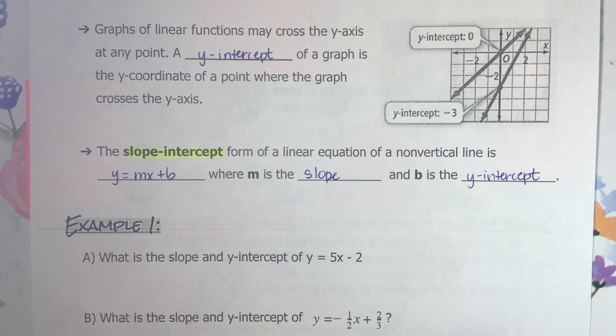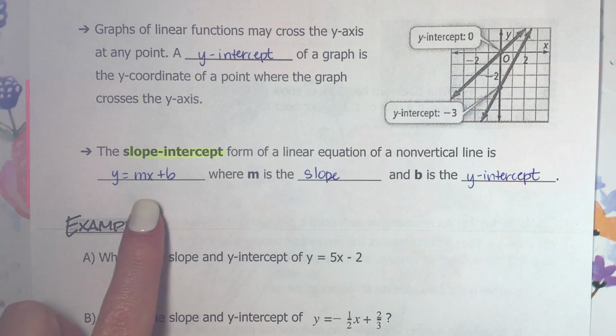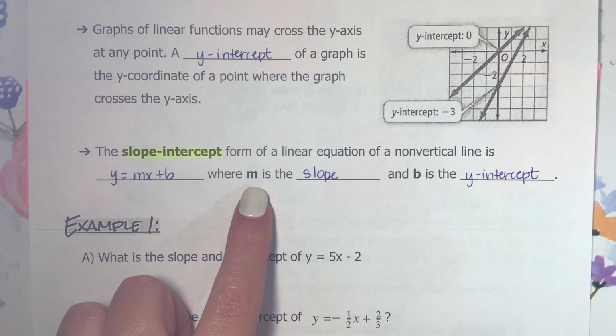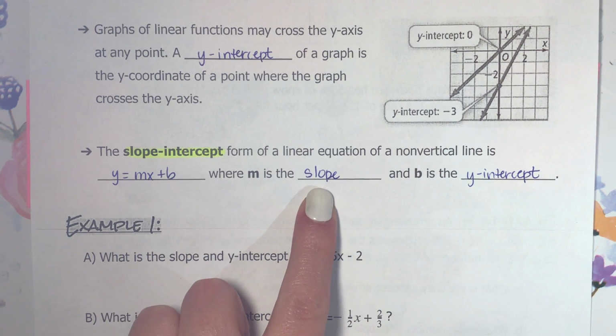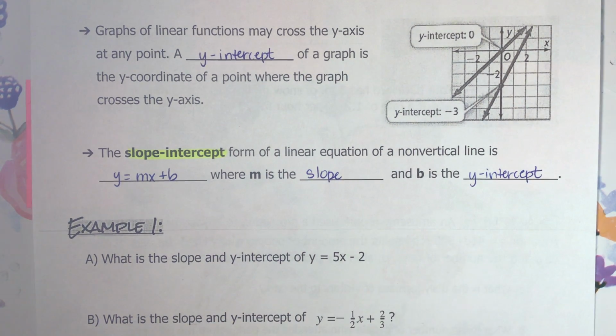Just one more time, the formula is y equals mx plus b. M represents slope, and we talked about slope in our last section, and b represents the y-intercept.